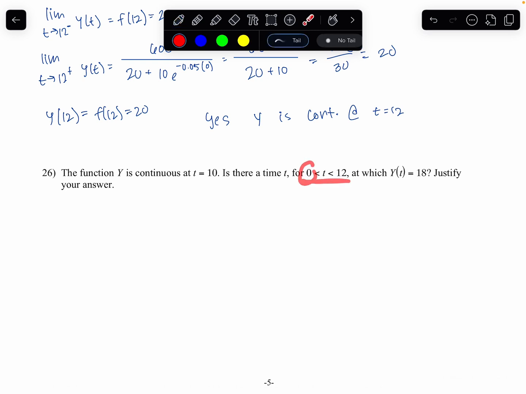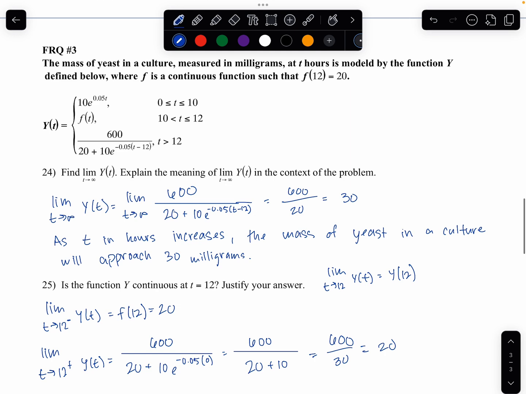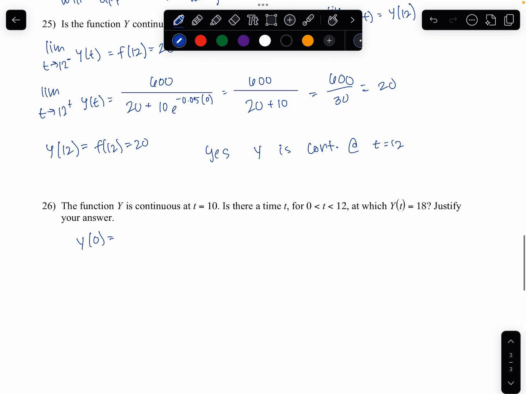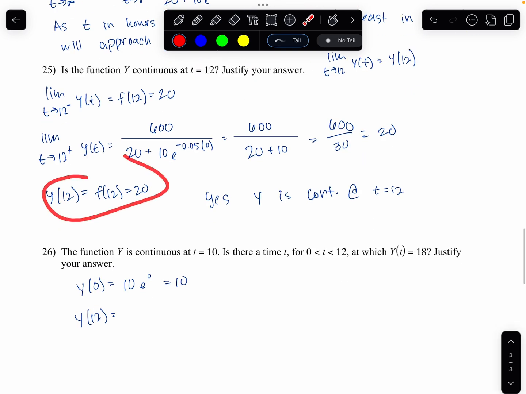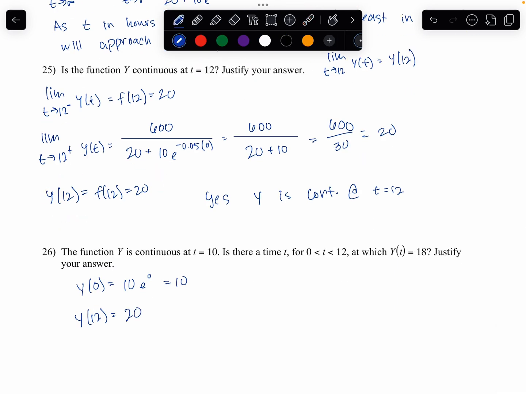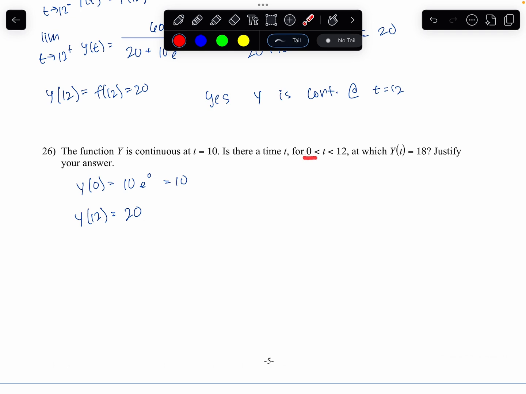We need to find y of 0 and y of 12. y of 0 is going to be 10 e to the 0 power, which is equal to 10. Now y of 12, we already found up here. y of 12 is equal to 20. So the y value here is 10, the y value here is 20, and 18 is between.